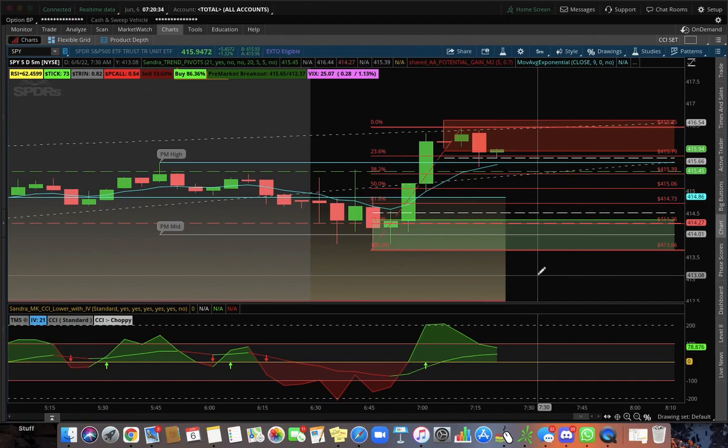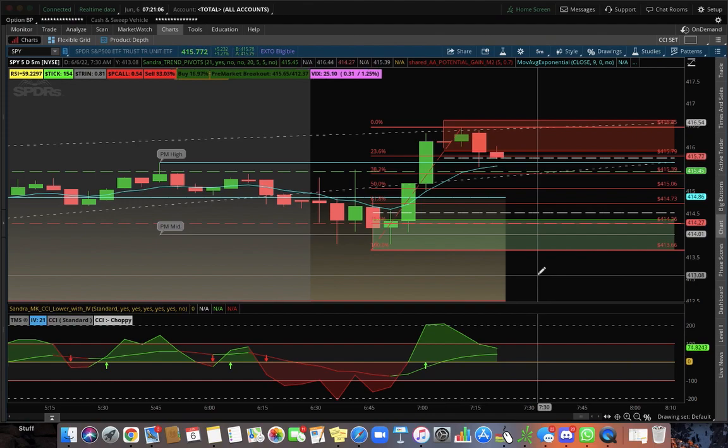As you can see right now, that 9 is acting as support, and is it weird to say that the 9 is literally right at the pre-market high level? It's weird how this stuff comes about, but it is what it is. And we just follow the steps either going up or down. So right now, that pre-market high level as well as the 9 EMA is holding as support.